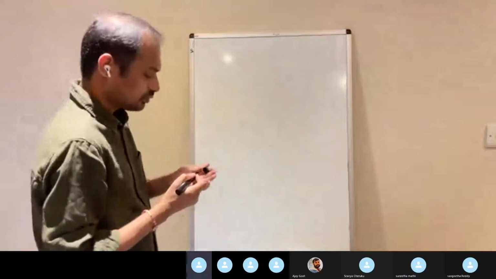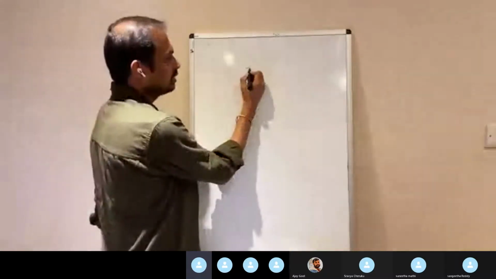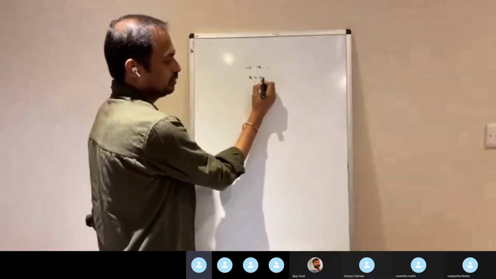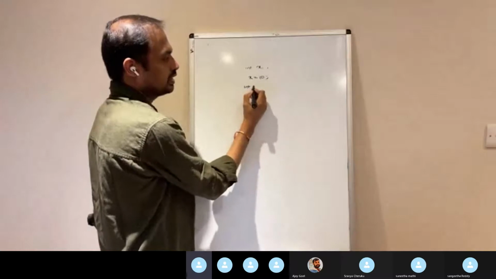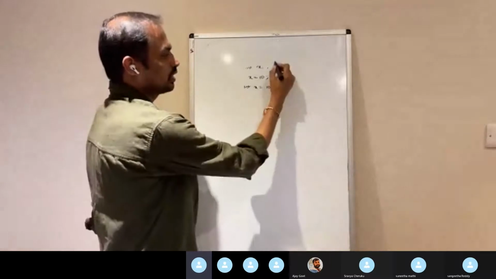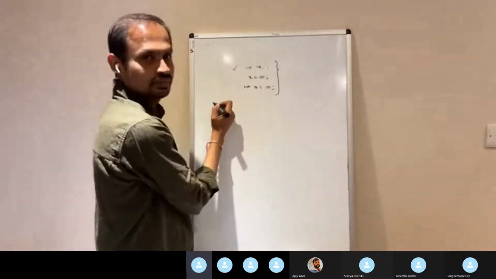So now, int x is equal to 10. Can you follow this, right? This is declaration.